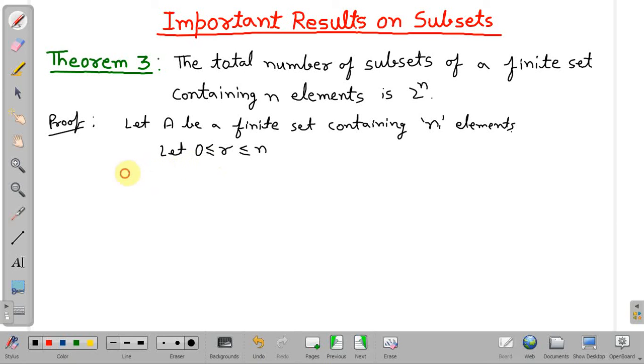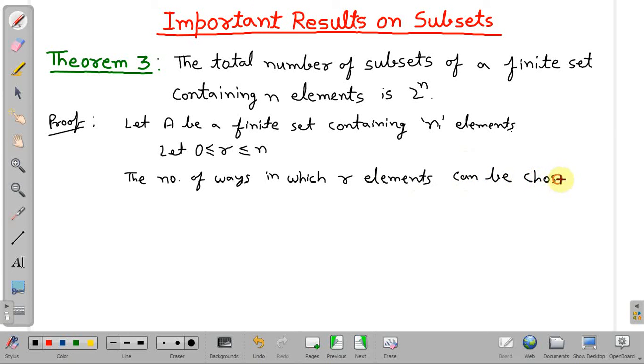The number of ways in which r elements can be chosen out of n elements is nCr.